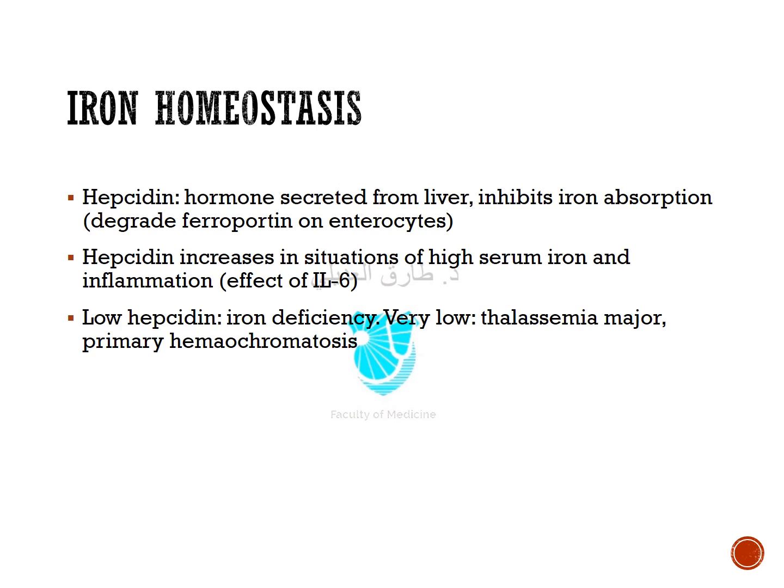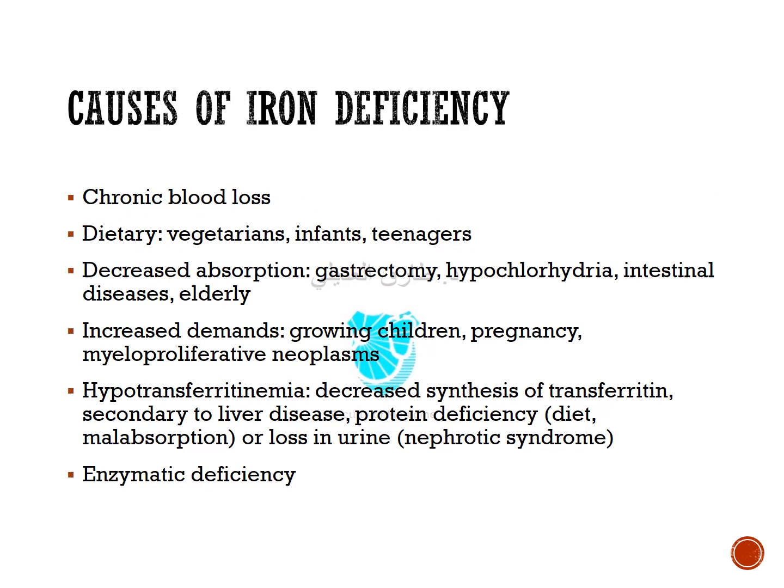Low hepcidin occurs when there is an iron deficiency status in the body, and in some diseases like thalassemia and primary hemochromatosis it becomes very low. So you have to know what changes of hepcidin occur in relation to other situations in the body.